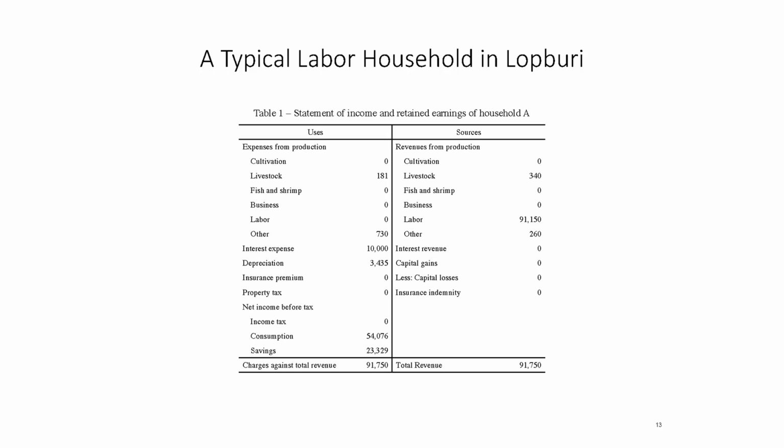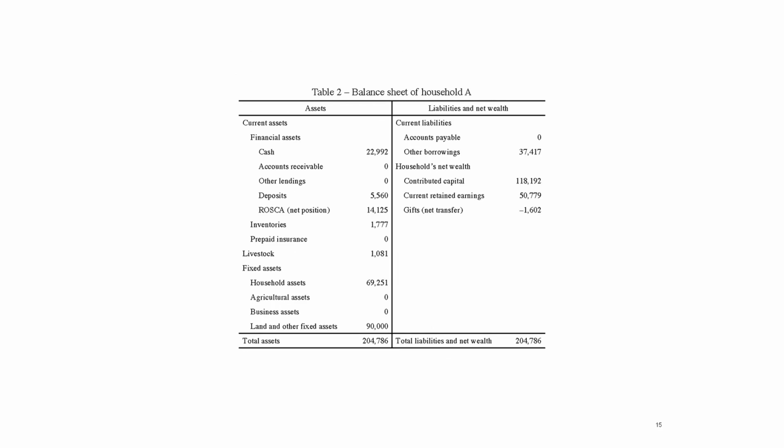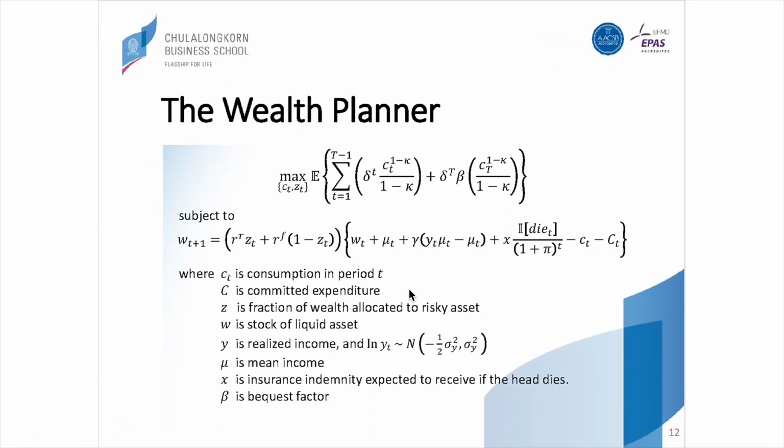So we talked about this statement of income. By now you may or may not remember, it doesn't really matter, this household A appears twice subsequently. This was the first time we introduced it as an example of the income statement and also household A's balance sheet. And then we started to talk about the wealth planner.